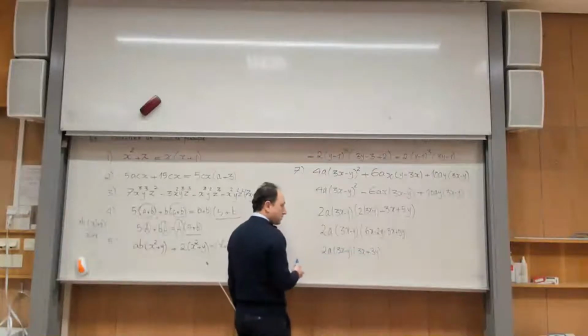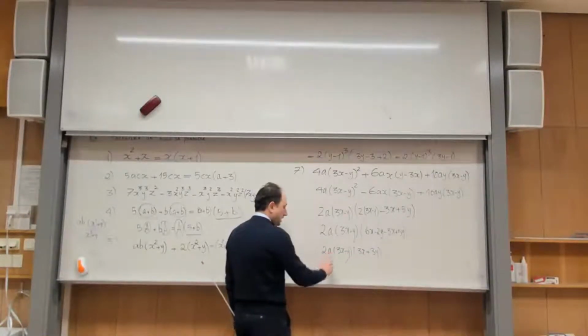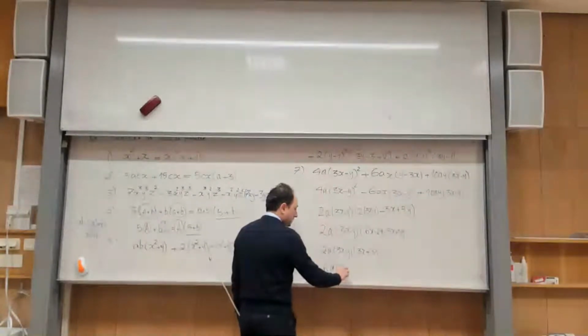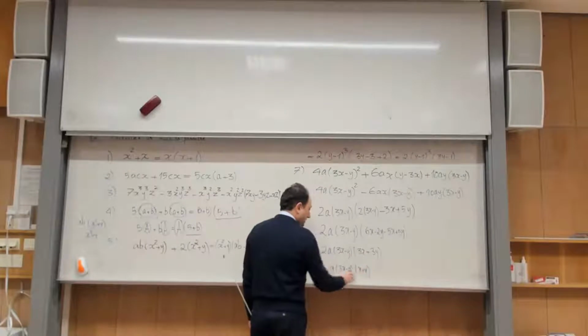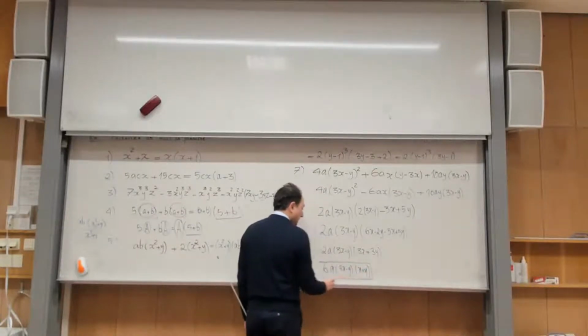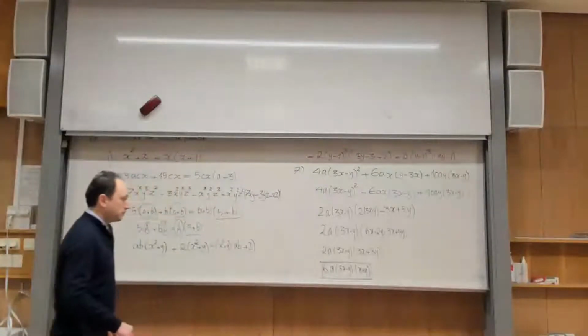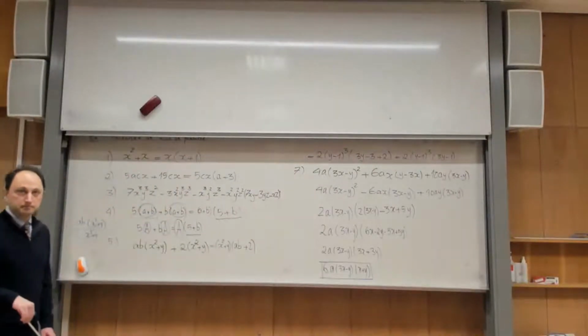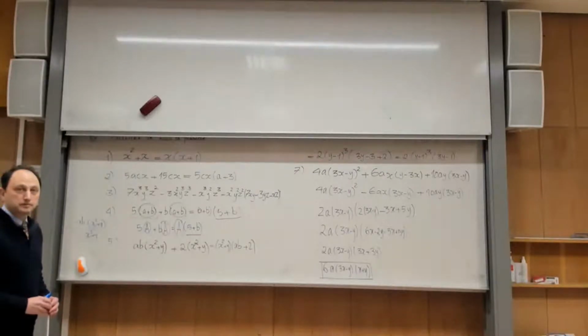When I pull a 3 out, this will multiply here. It becomes 6a, and then 3x minus y, and then it becomes x plus y. So this is essential. You see, here simplification is essential if you want to complete your factorization. Any questions?